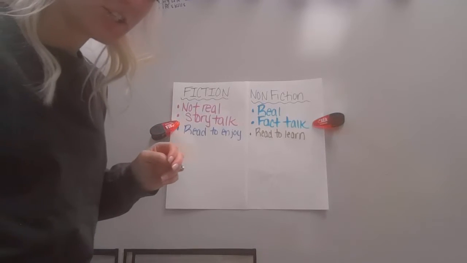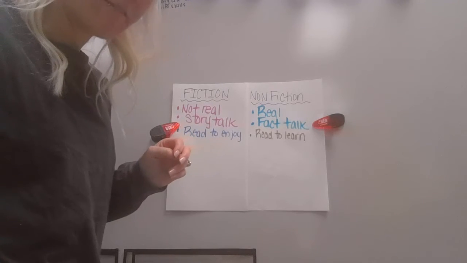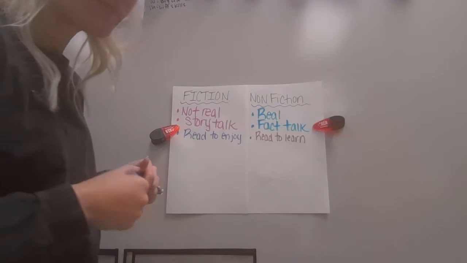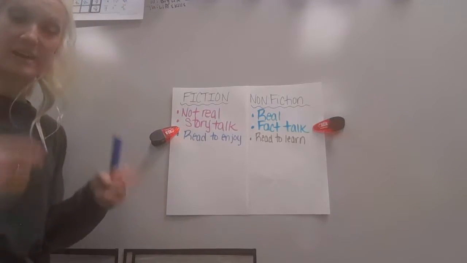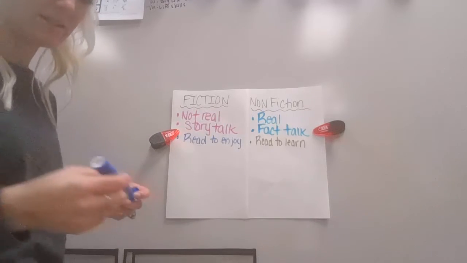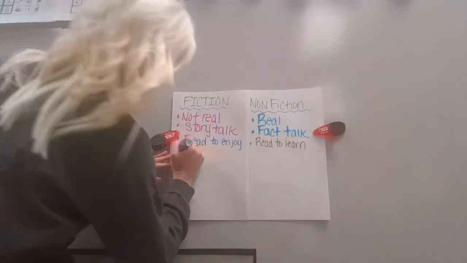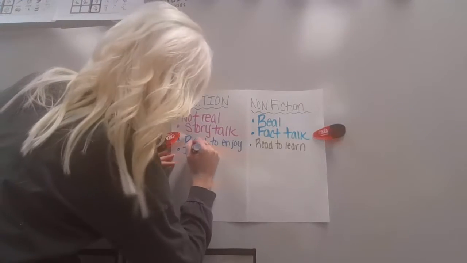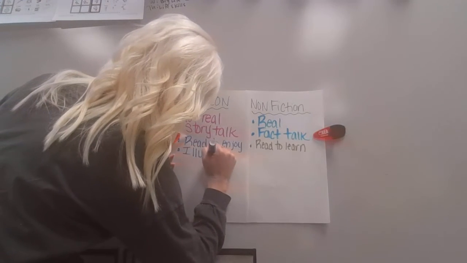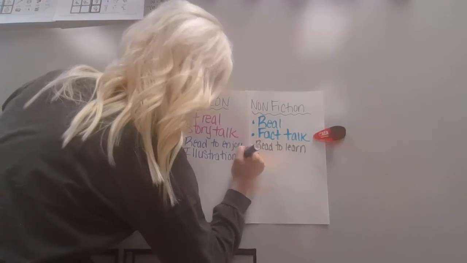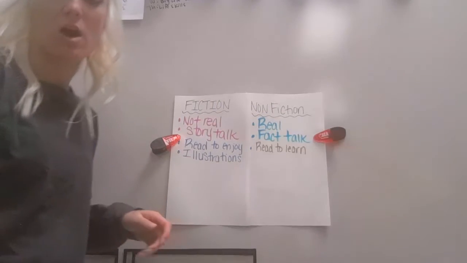And then for fiction again, a lot of fiction stories have illustrations, meaning people draw the characters and they draw the setting. So we will put illustrations. Illustrations are what people draw.